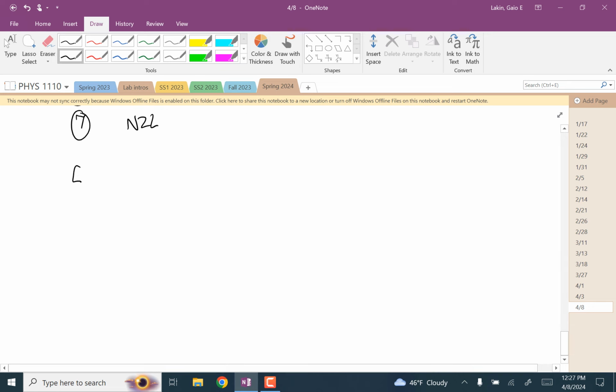Okay, so let's do our first example problem. Let's say that there's like an airplane. Looks like a fish, but. Okay, and say it's following this circular path.